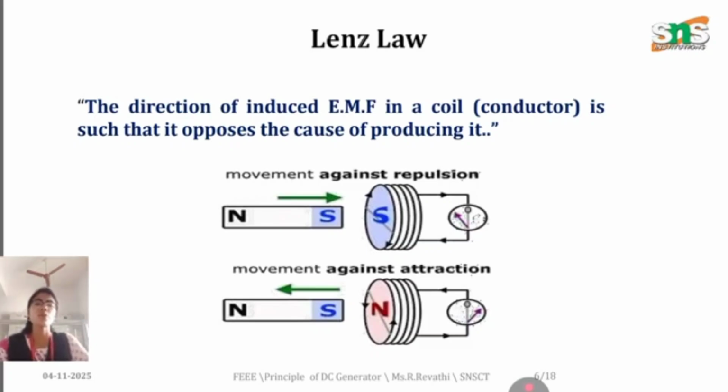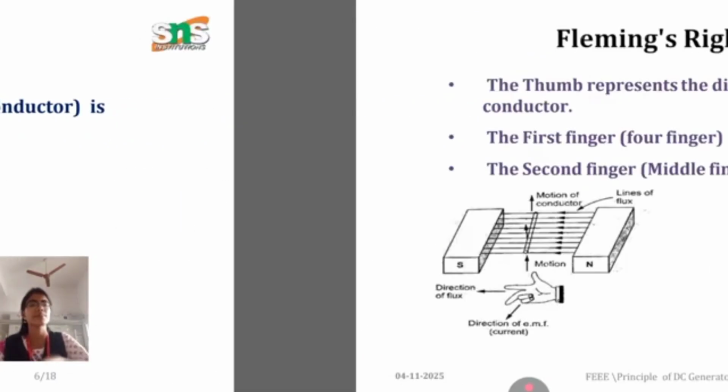Considering north and south poles, we know that opposite poles attract and like poles repel. In the first picture, south and south poles come into contact, so it is a process of repulsion. In the second picture, movement against attraction, the opposite poles get attracted.